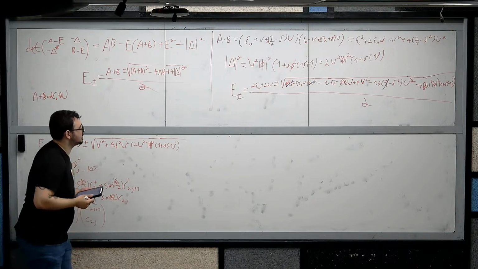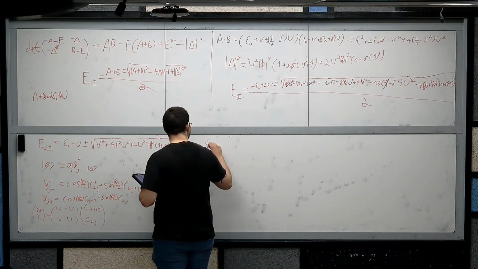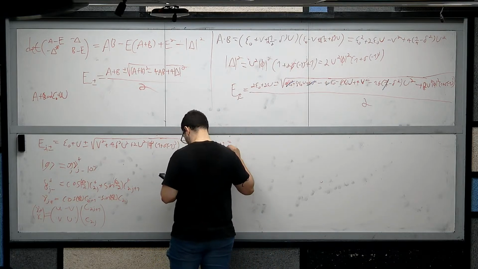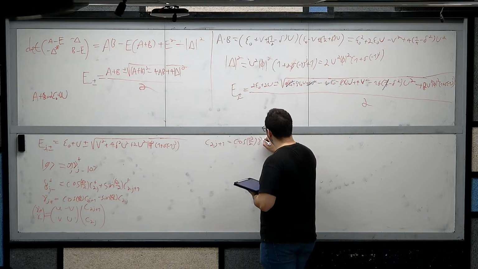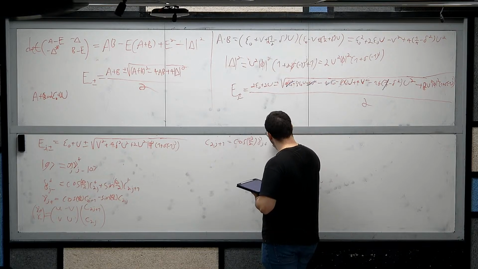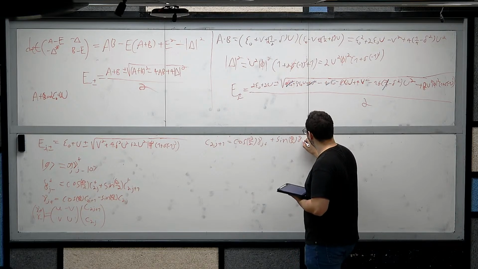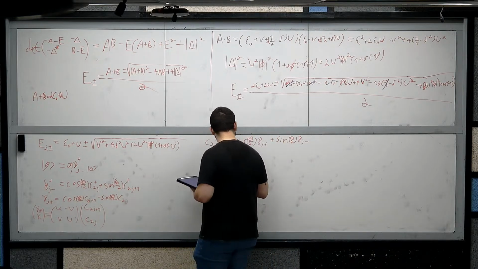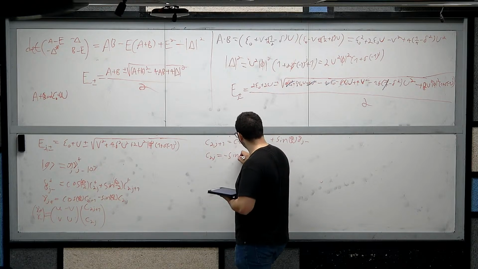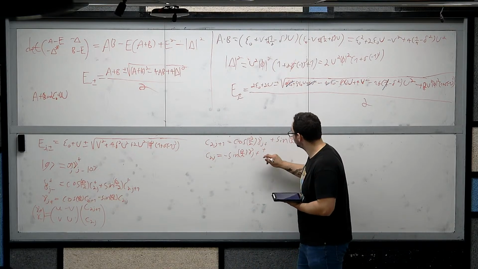Doing the exact reverse transformation as we did in the Bogoliubov transformation, we get that c2J plus 1 equals cosine theta divided by 2 gamma J plus, sine theta divided by 2 gamma J minus. c2J equals minus sine theta divided by 2. Right, 1 second.